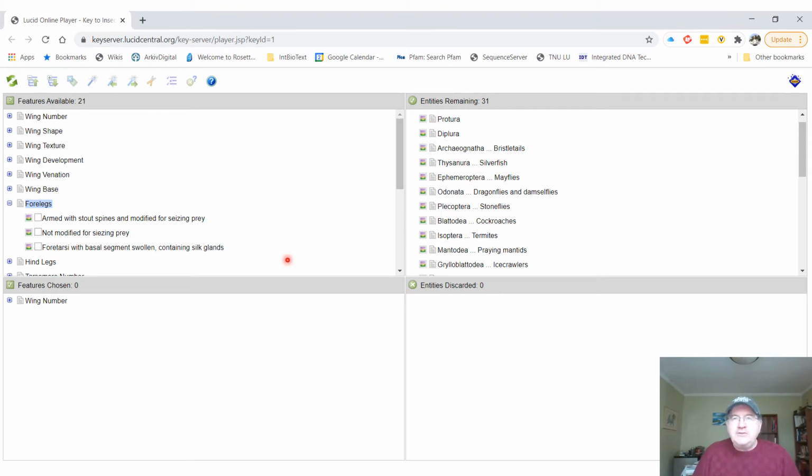The Lucid structure, though, actually would allow you to go both ways. You'll get to the same answer no matter what you choose, if it's true for the specimen, because all of these taxa over here have been scored for all of these characters.